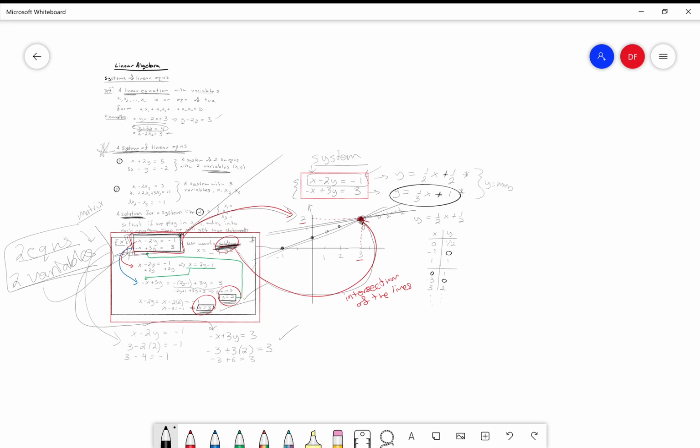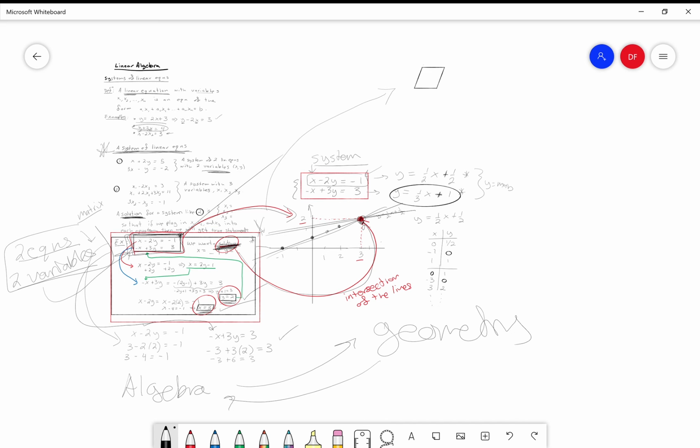Now, this idea of going from algebra to geometry, then back to algebra, is very important in linear algebra, and it's very important in all of mathematics actually, and it's important for engineers as well, because engineers a lot of times deal with shapes, with complicated shapes, and they need equations to be able to calculate things about shapes.